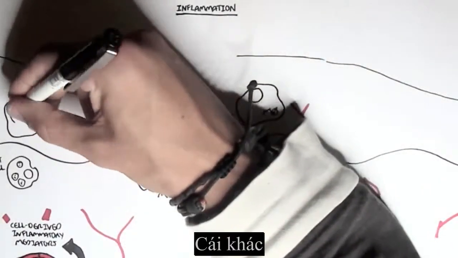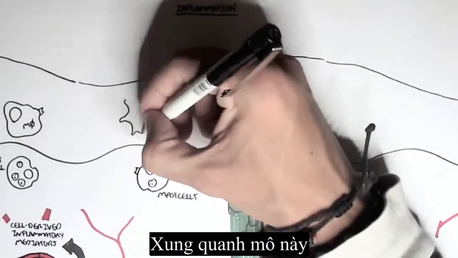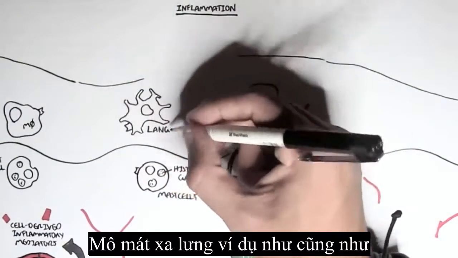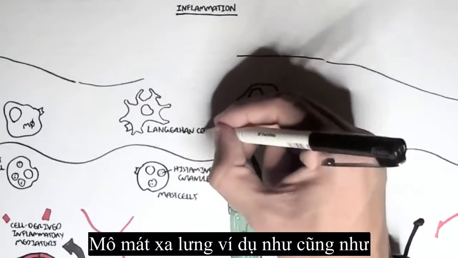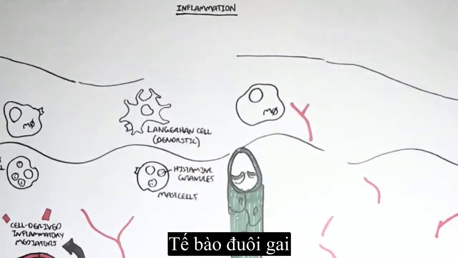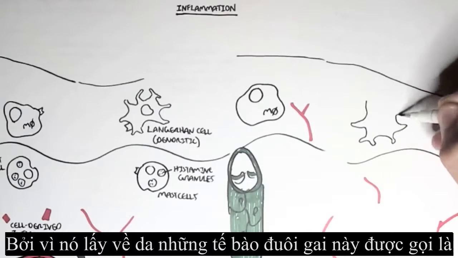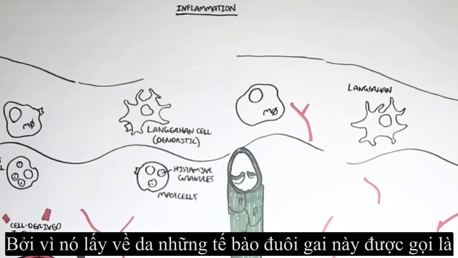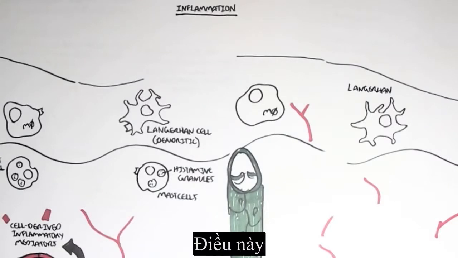Other cells we find around this tissue are phagocytes, tissue macrophages, for example, as well as dendritic cells. Because we're talking about the skin, these dendritic cells are known as Langerhans cells, and they're all around here.